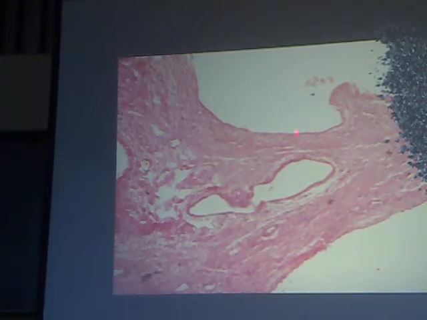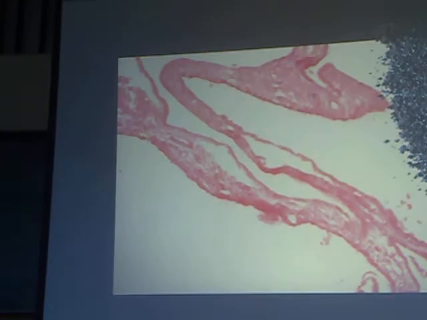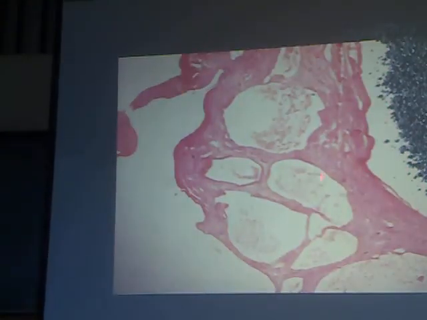So if we are looking at the tissues of the lungs, the spaces should be, what is the specific name of the spaces? Those vacant spaces, the alveolar spaces.